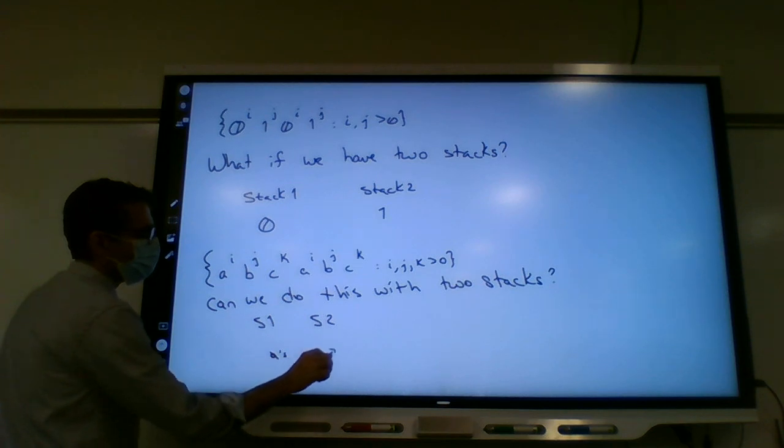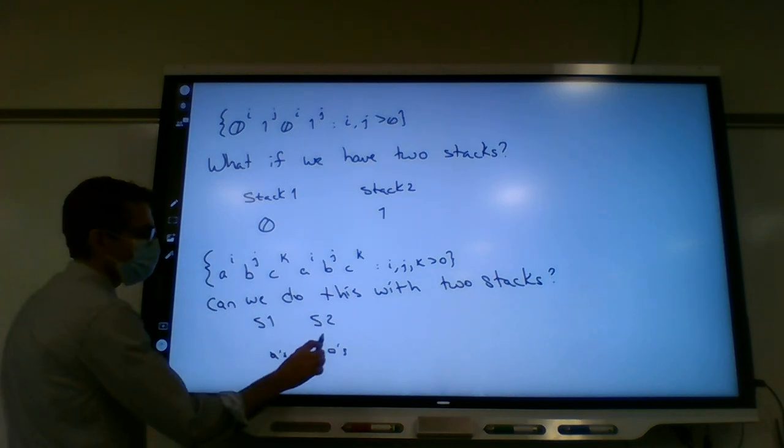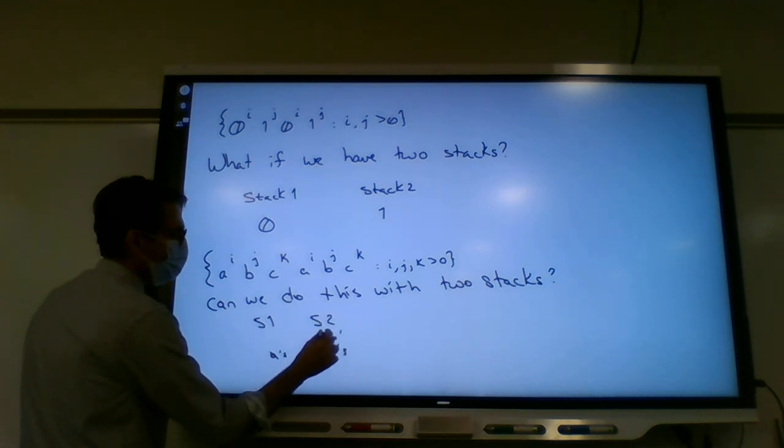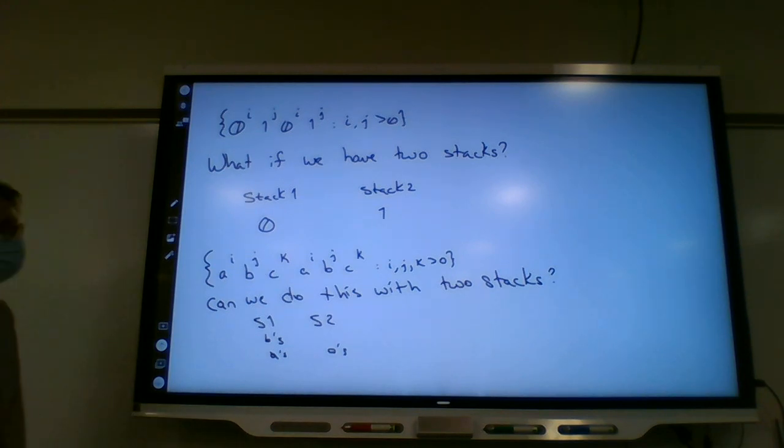So putting all the A's on both stacks, and then when you get to the B's, you stack the B's on stack 1. And then the C's on stack 2.